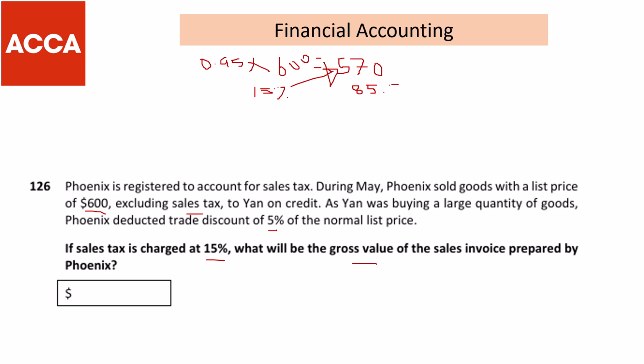Okay, I'm trying to write that as cleanly as possible. So what is the gross value? If you add up, it will come to 655.5. So there you go, all in dollars.